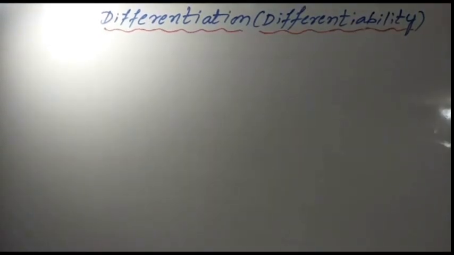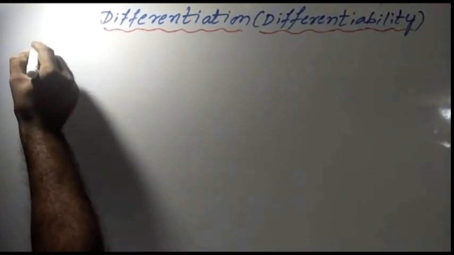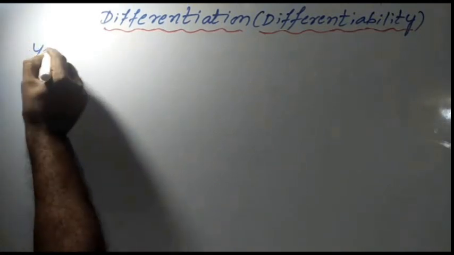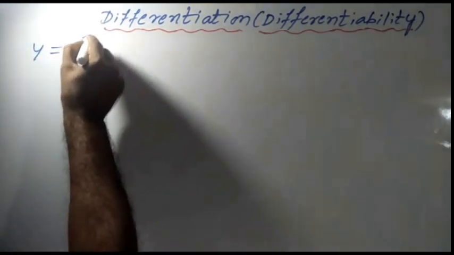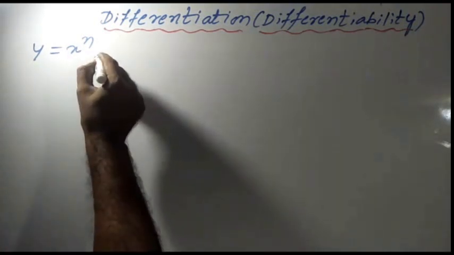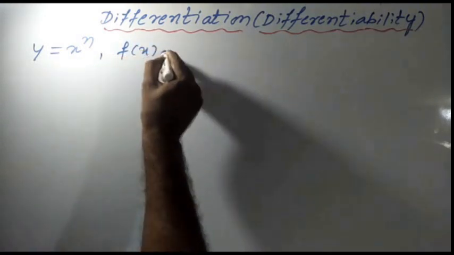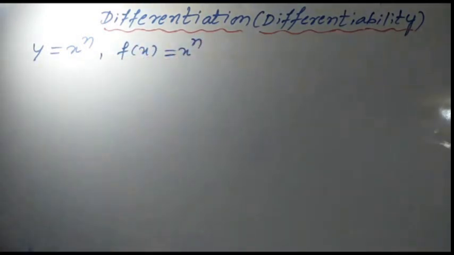Now discuss one more example. Find the derivative of the function y is equal to x to the power n from first principle. Using first principle, y is equal to x to the power n means f of x is equal to x to the power n.